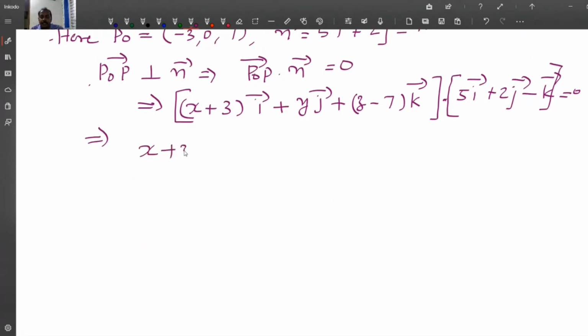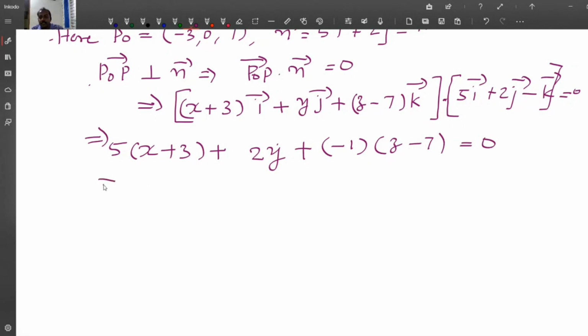So this implies x plus 3 into 5, so 5 into x plus 3, plus 2 into y, plus minus 1 into z minus 7, this is equal to 0. This implies 5x plus 15 plus 2y minus z plus 7, this is equal to 0.